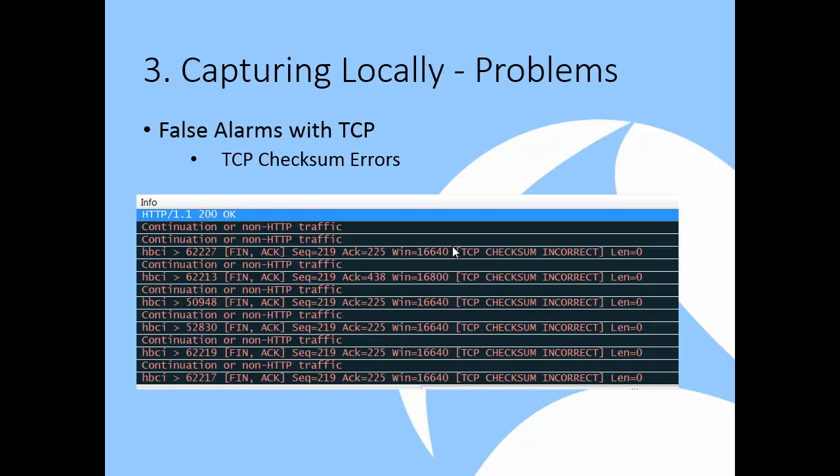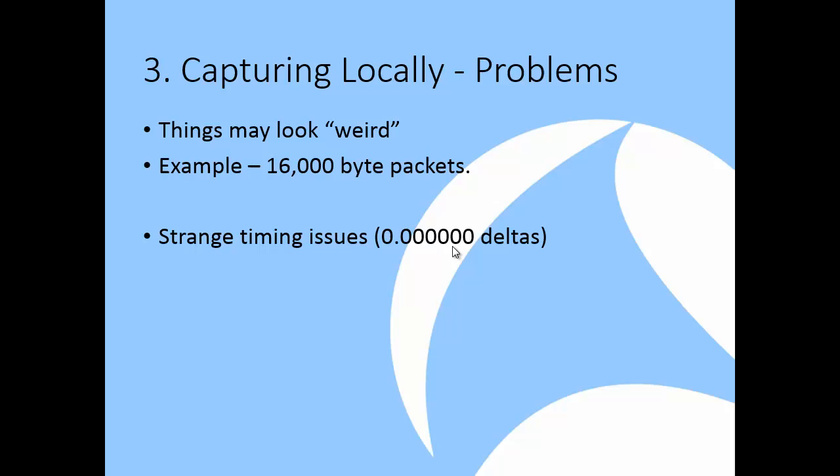If we see the TCP checksum is incorrect on any other transmitting station, so if I'm out there capturing on a wire and I see TCP checksum incorrect on a unicast conversation that I'm not a part of, well then that's something that I'd really want to look into and dig into. However, this is the type of thing that may trip us up if we're not aware that capturing locally on a machine, it may generate these types of issues.